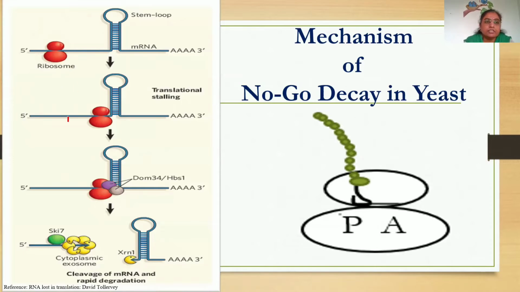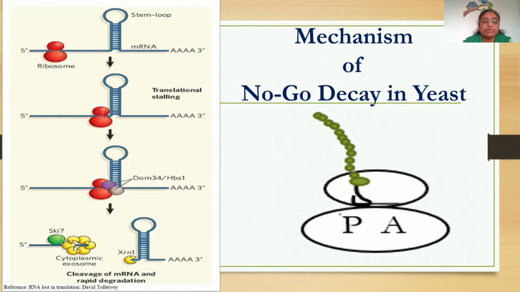This is the elongation process of translation. The ribosomes are translating the mRNA, and when one comes across this stem-loop structure, you observe that this ribosome has been stopped.